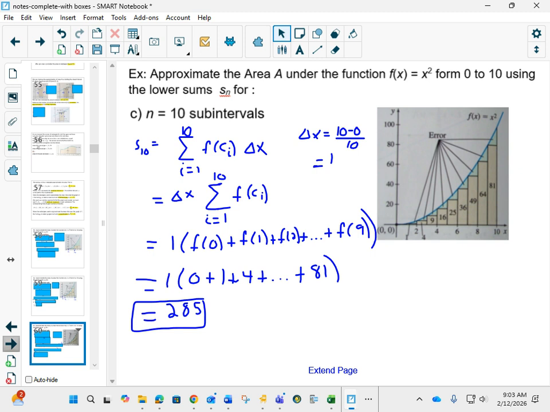But obviously, as you can see in the picture, the error is decreasing. The first error was terrible. We were way off.